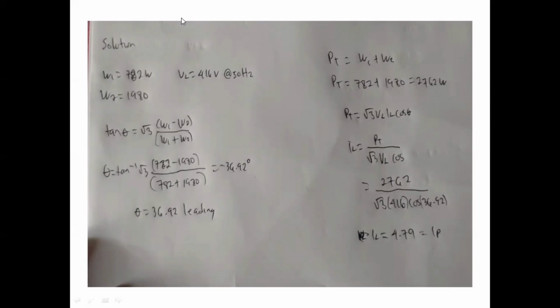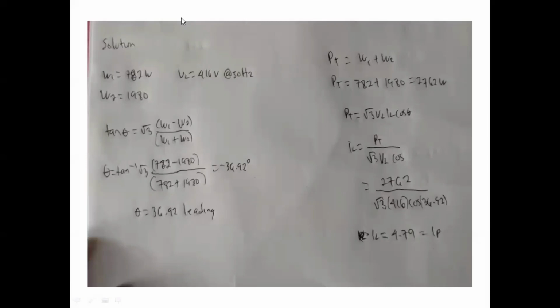Then theta is tan inverse of square root of 3 times 782 minus 1,980 over 782 plus 1,980, which equals negative 36.82. Theta is 36.82 leading. Then to get the total power, watts 1 plus watts 2, 782 plus 1,980 equals 2,762 watts, the total power.